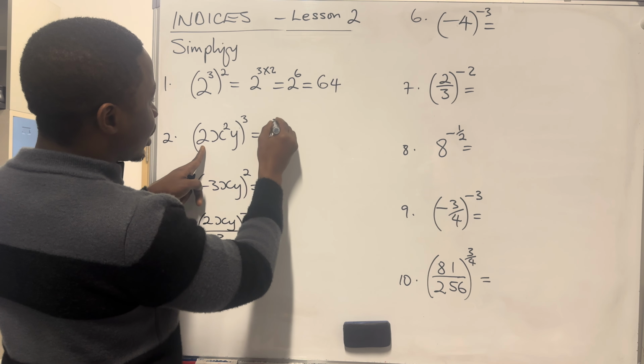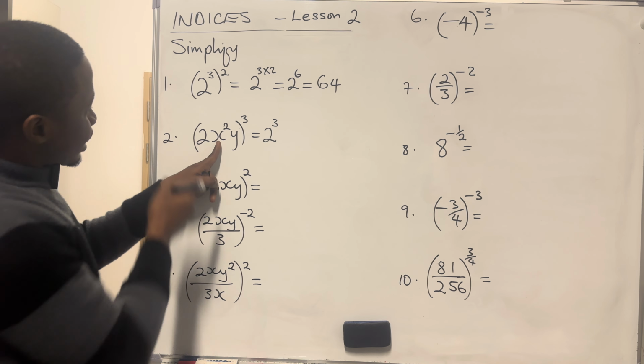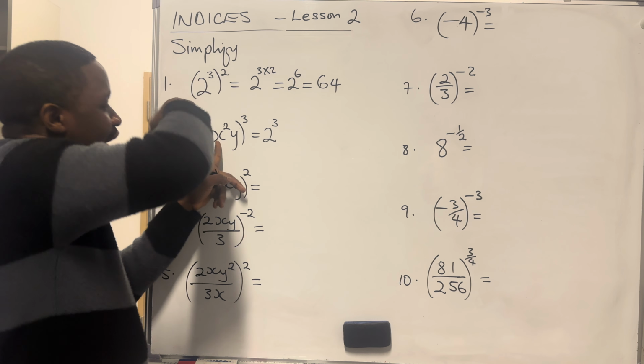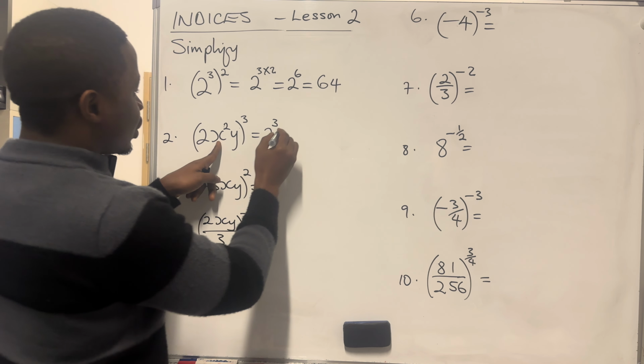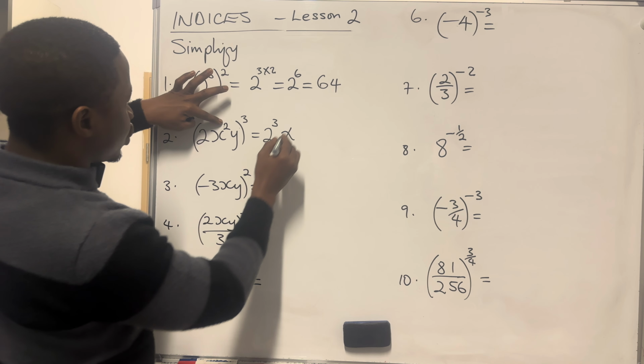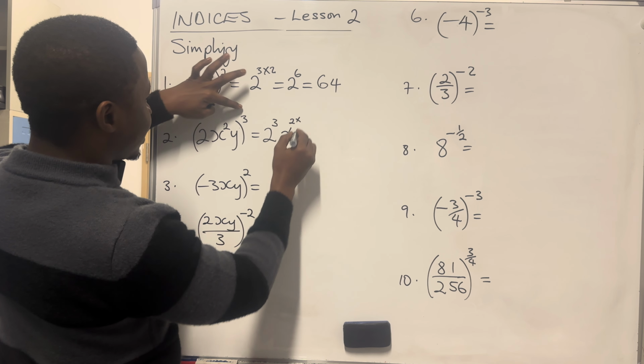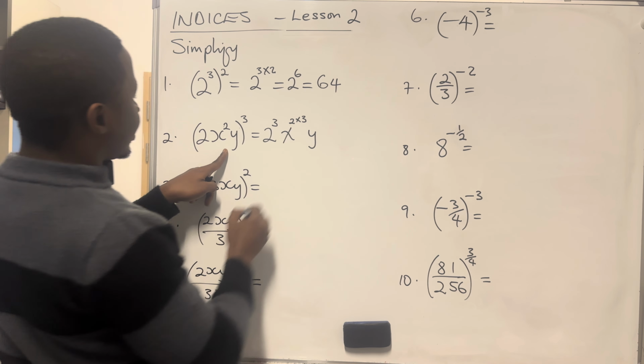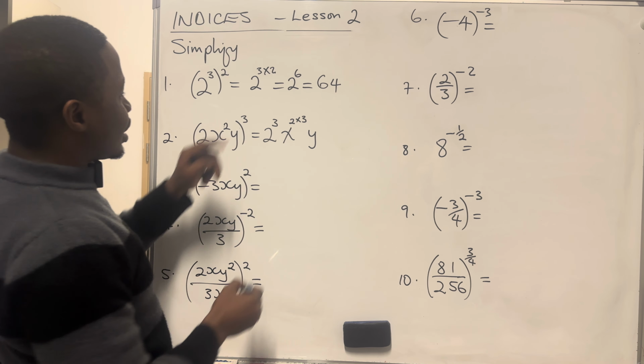So 2 to the power 3. This x has this 2 affecting it. And this 3 is also affecting everything in the bracket. So x has this 2 times this 3. Whereas y, apart from this one, has only this 3 outside.